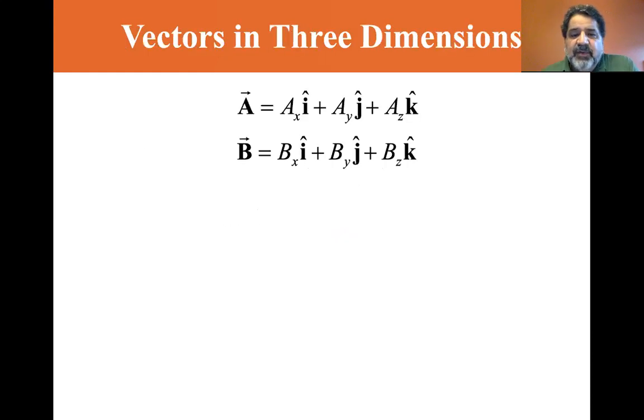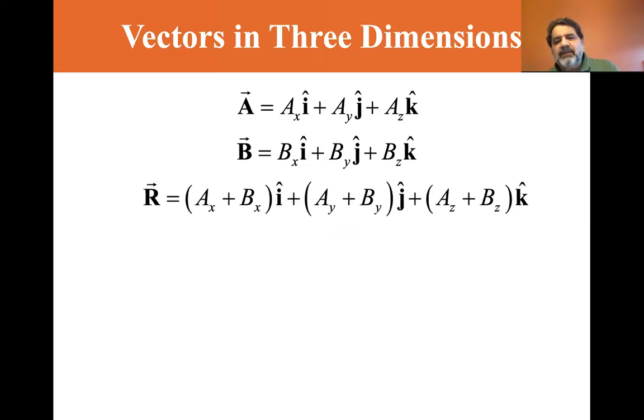Okay, vectors in 3 dimensions. All you do is you're going to gather the X components. You just add the AX and the BX. To get the Y components, the j hat components, you get the AY plus BY, and the k hat components, you get the AZ plus BZ.